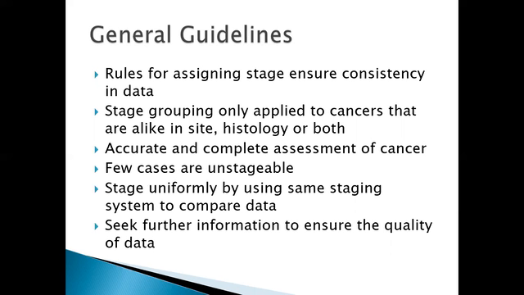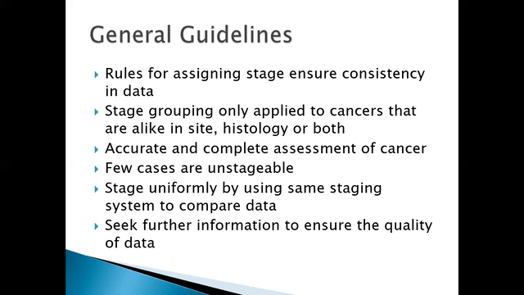It is essential to stage uniformly using the same staging system to compare data or results. So you can't take AJCC TNM stage and compare it to SEER data. You have to take the AJCC stage and compare those cases to each other. SEER stage has to be compared to SEER stage.